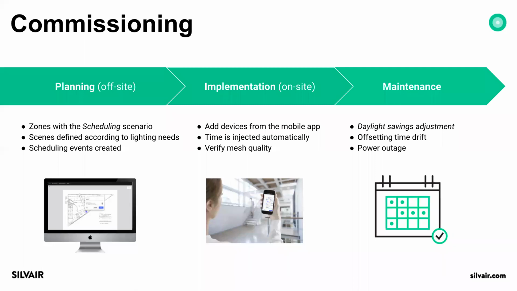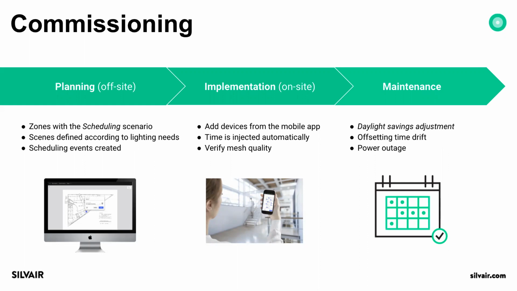Then, when this is ready, we can move to the implementation, the on-site commissioning phase using the mobile app. And here it's business as usual. That is, we just need to add devices to the project, to these particular zones, and the configuration that we define in the web application is going to be applied automatically.